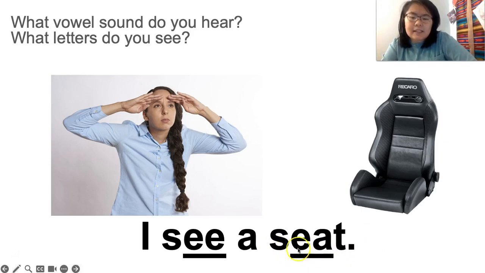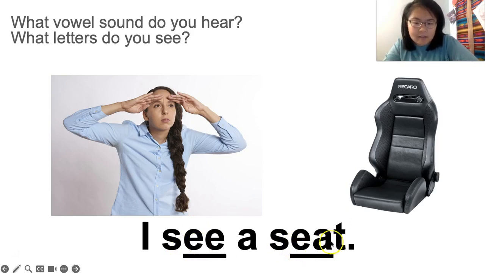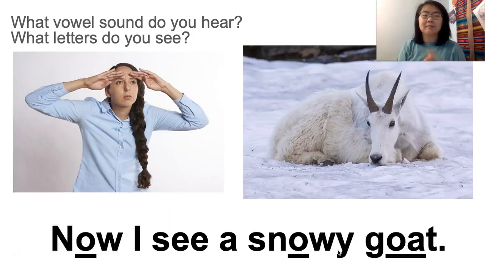Do you hear that? You probably hear that. Two long E sounds I have underlined. E, E, I see a seat. But what letters do we see? We see S-E-E, double E, and S-E-A-T, right? E-A.